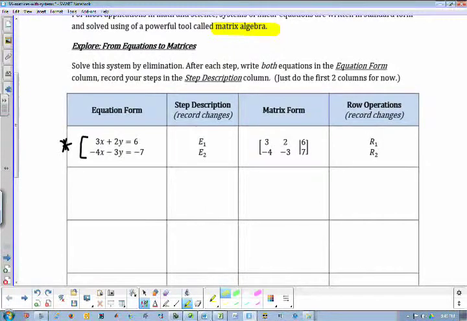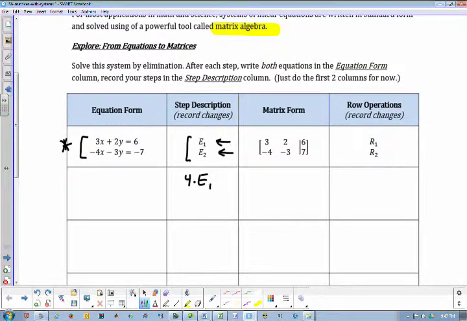Over here, we're going to have some notation. Let's call this E1 for equation 1. Let's call this E2 for equation 2. And we're just going to keep track of what we're doing with these equations. All right? So let's take the first equation and multiply it times 4, and we'll say that's 4 times E1.